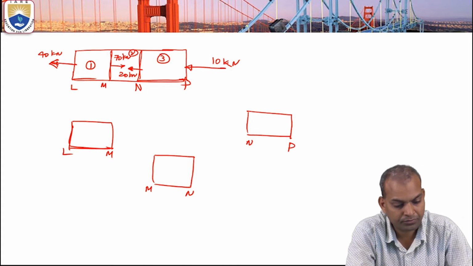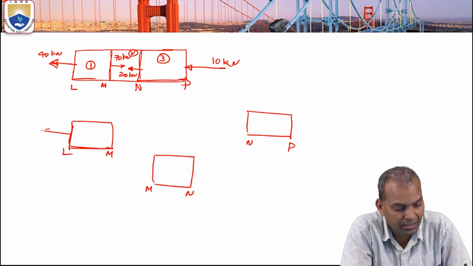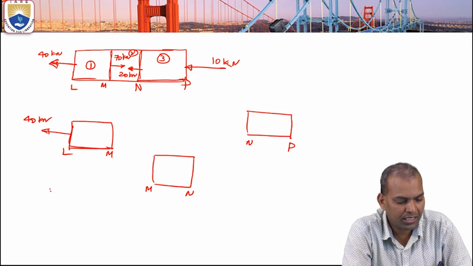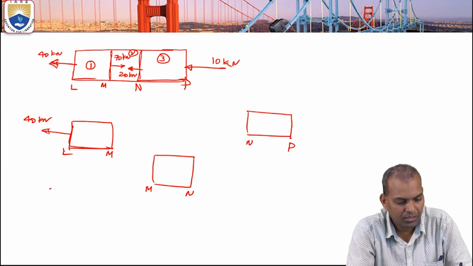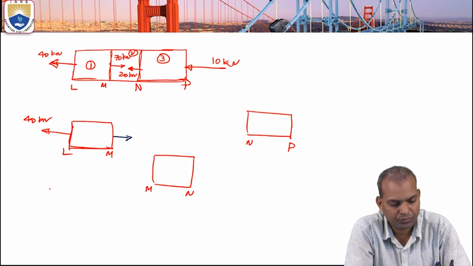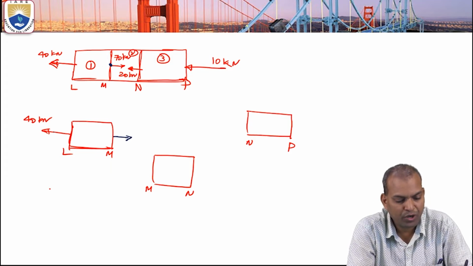Now here, 40 kilonewtons tensile is already acting on the L side. Now we want this side. What is the value of this portion? Already 40 is acting.